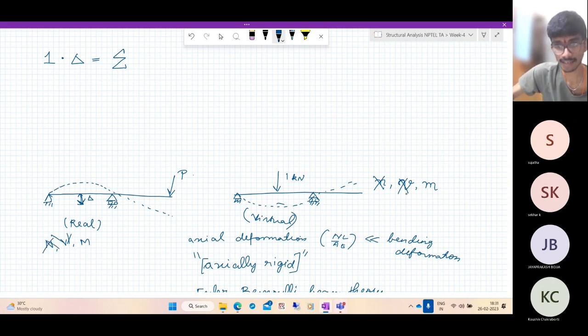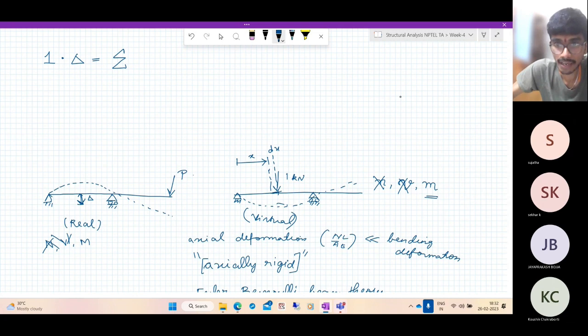So what is the only quantity that does work? m. What work does it do? If we take a small infinitesimal section of the beam at a distance x, let us take this small section dx.